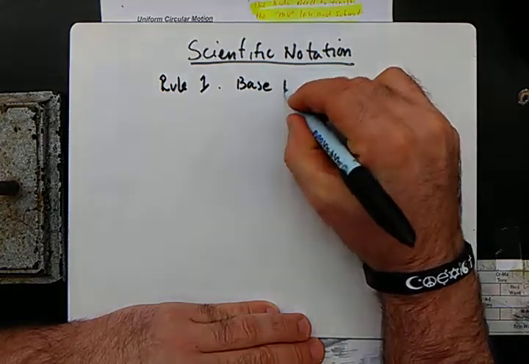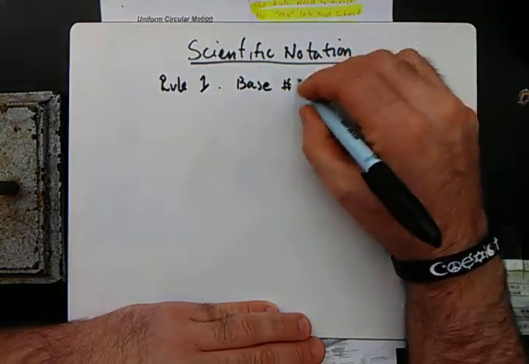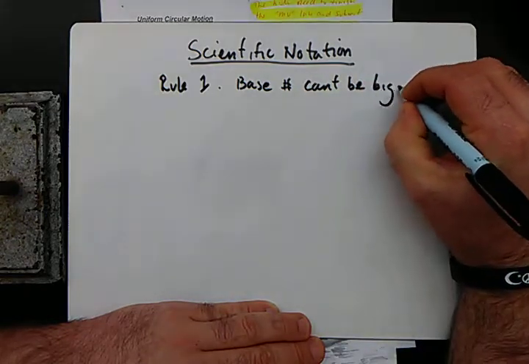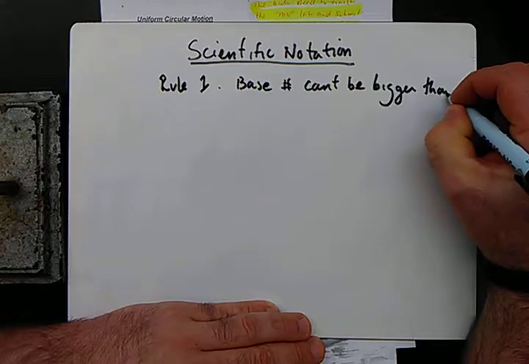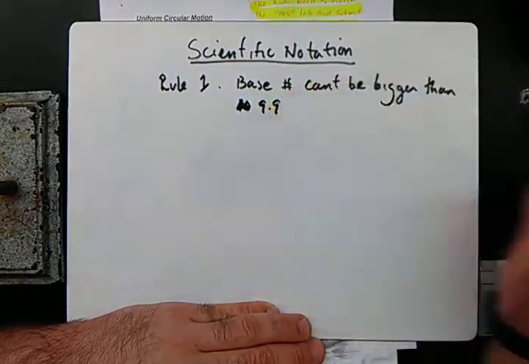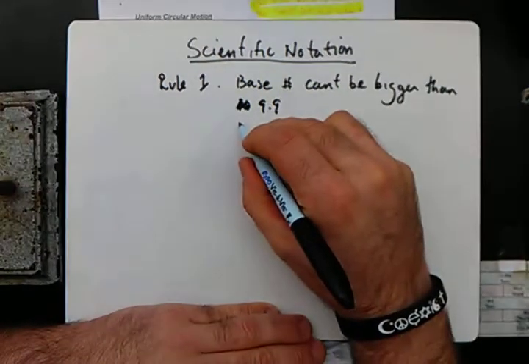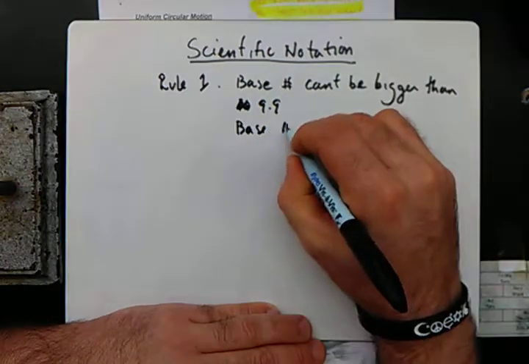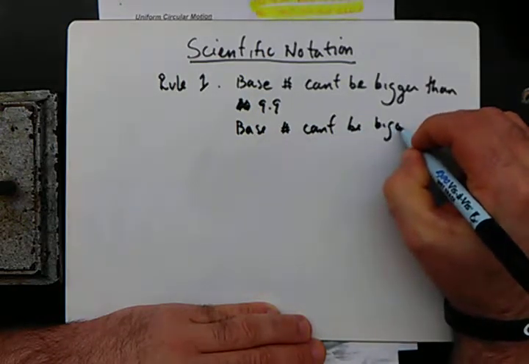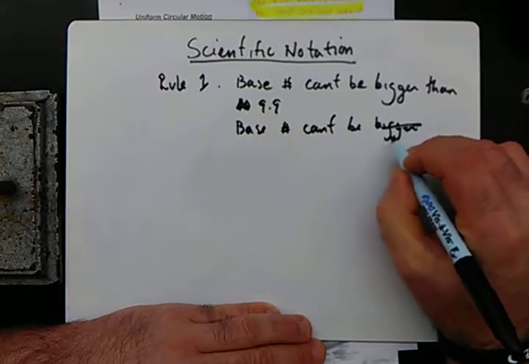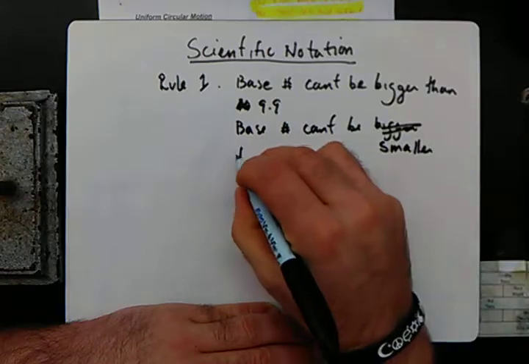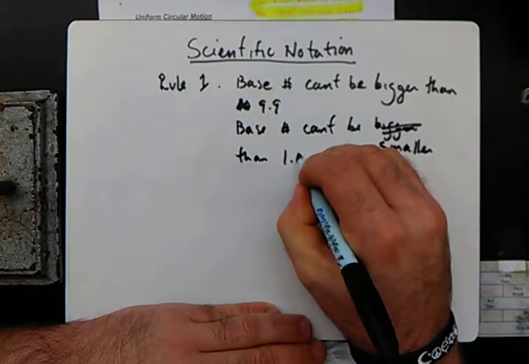The base number, I'll explain what that is in a second, can't be bigger than, we'll actually say 9.9. Okay, base number can't be bigger, we'll say smaller than 1.